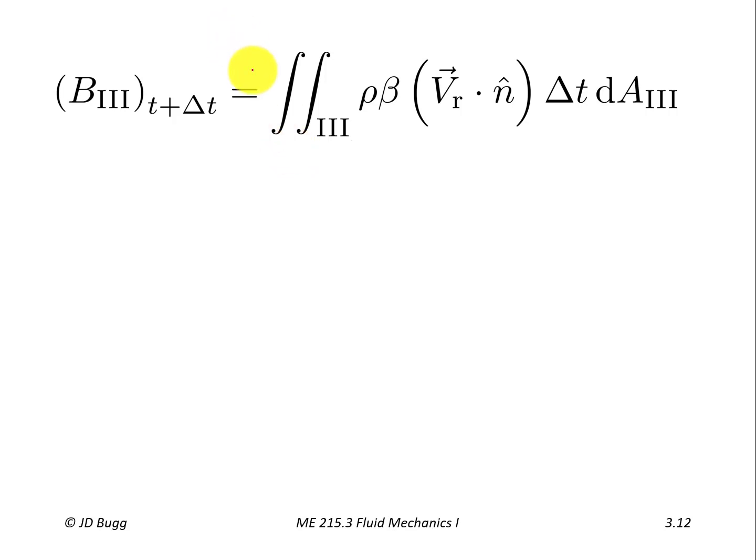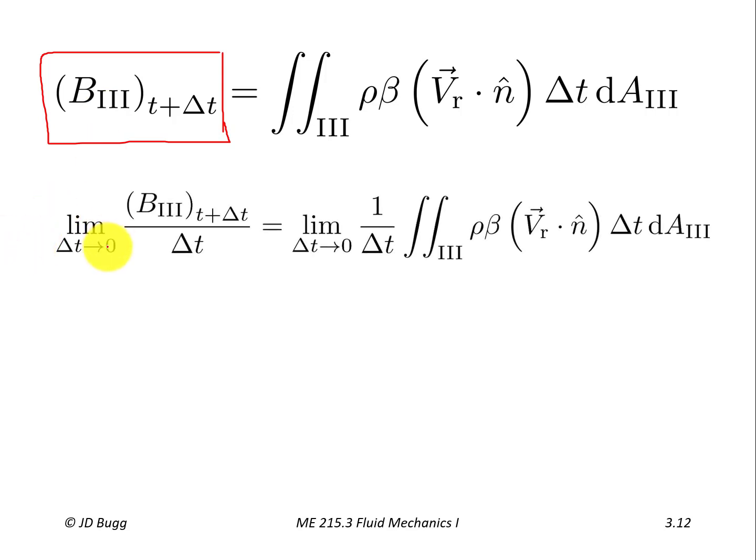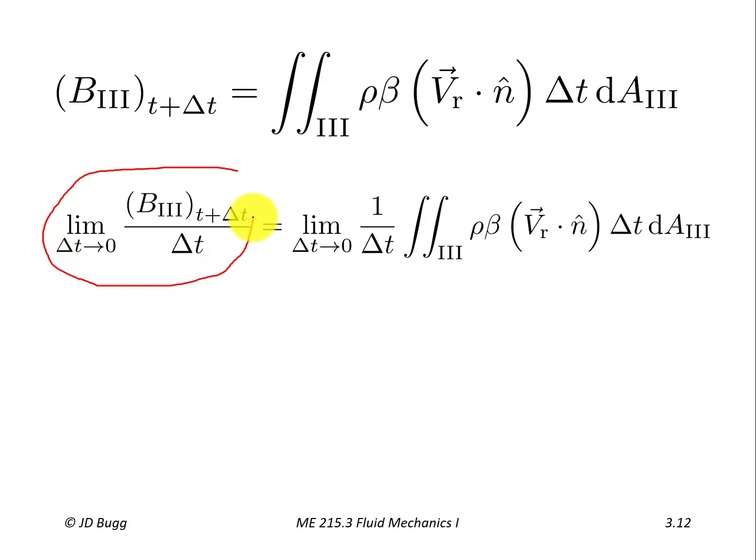Now, we have to remember that we're actually working with a rate equation. We're not really interested in the amount of B in region 3. We're interested in the limit of that as delta t goes to 0. So we're going to divide by delta t and then take the limit of both sides, because this left-hand side is what we're actually interested in.